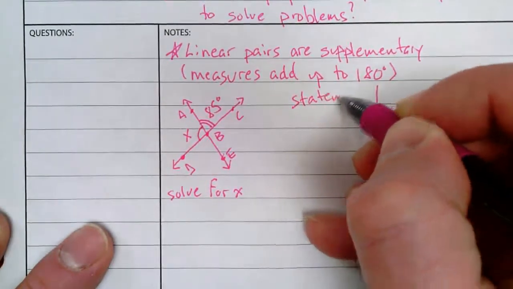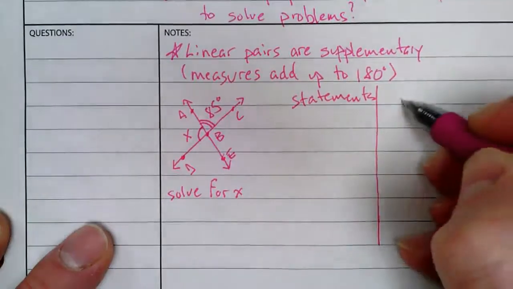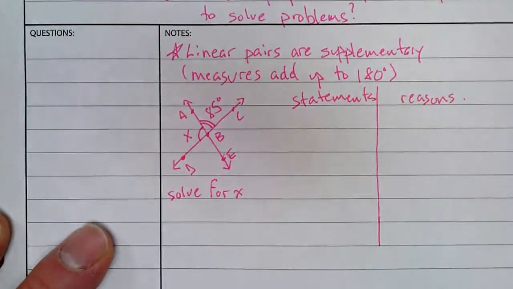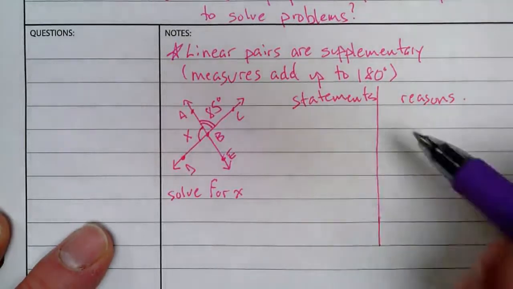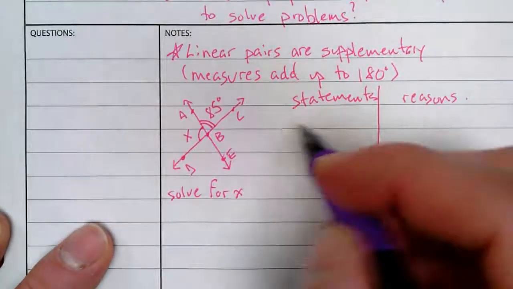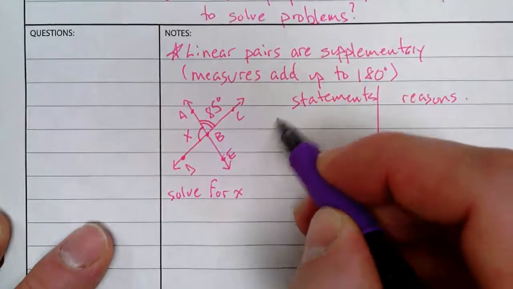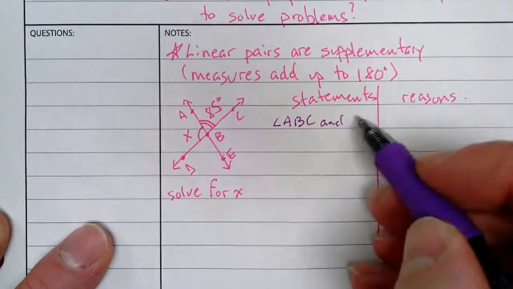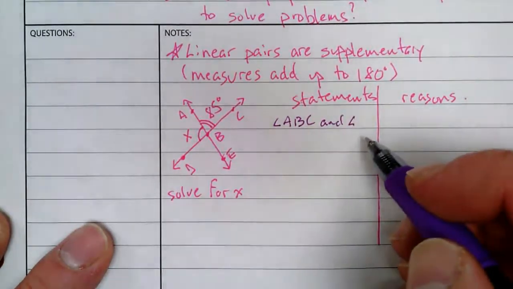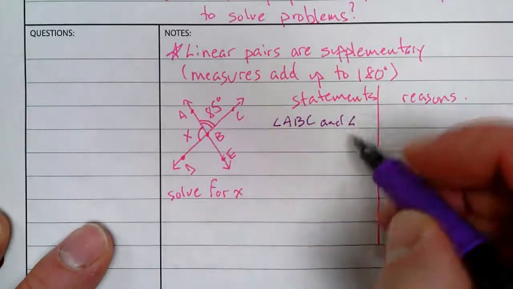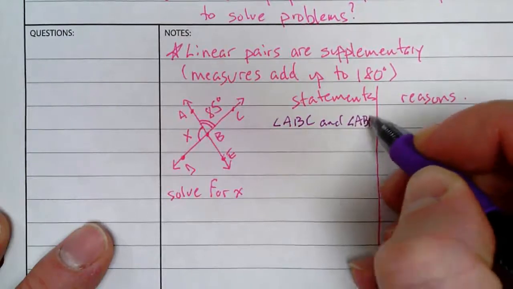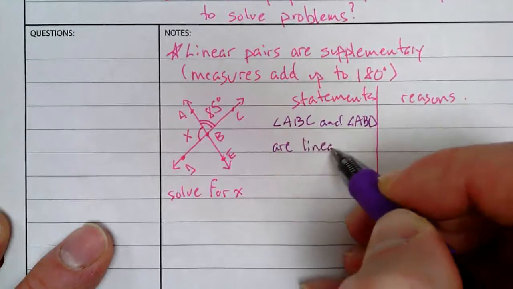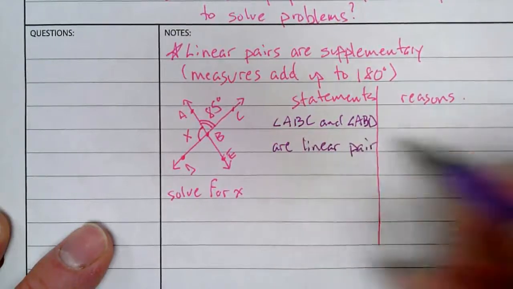So on this side, statements, and reasons over here. On the statement side, the first thing we're going to say is that angle ABC and angle ABD are a linear pair.